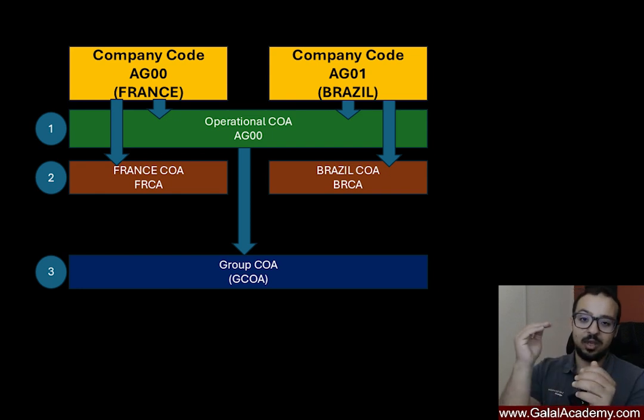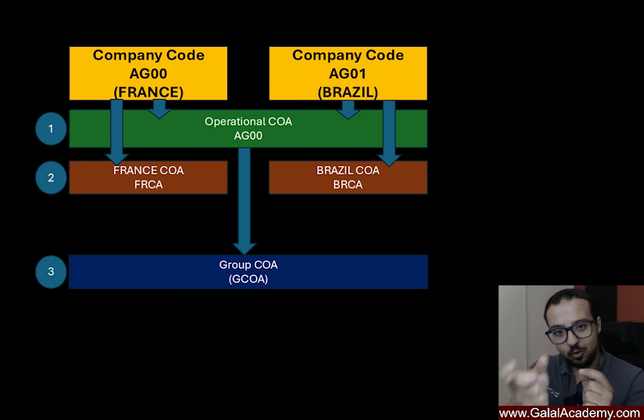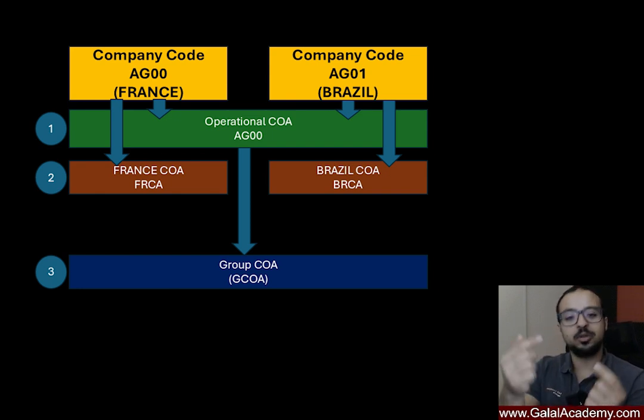This is on the level of the company code and the GL account. So whenever we post anything to our operational chart of account, and if there is an alternative account number assigned to the GL account, SAP is also going to copy this alternative account number to the accounting entry. So this way you have the accounting entries in both the local chart of account and also the operational chart of account.